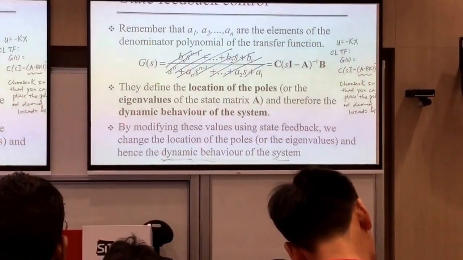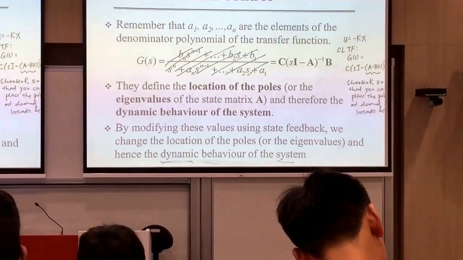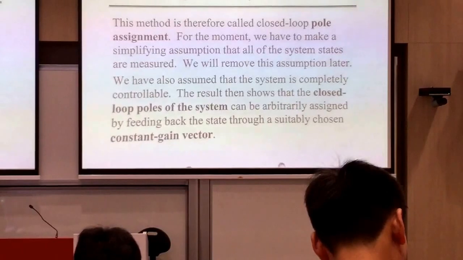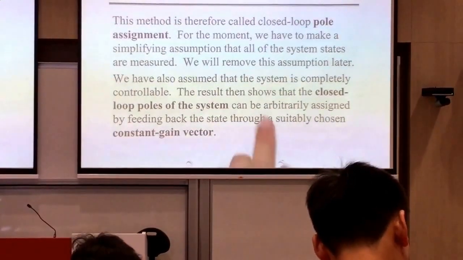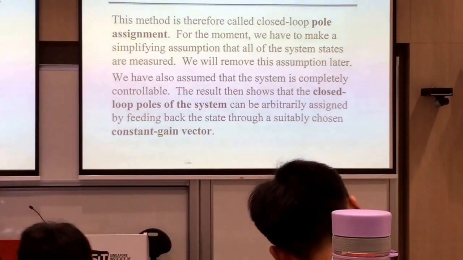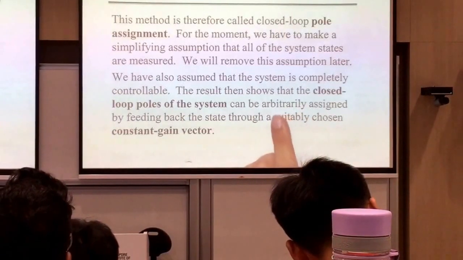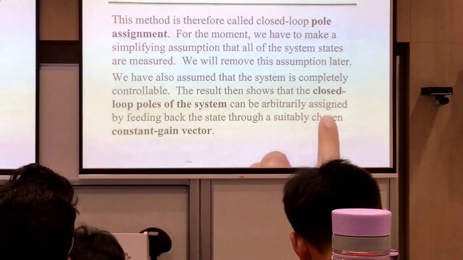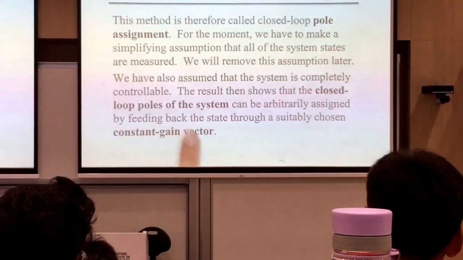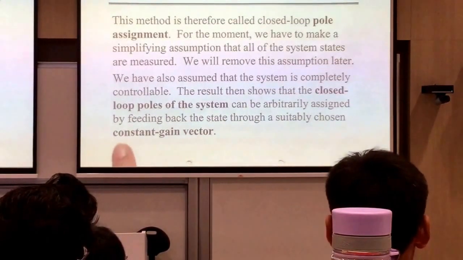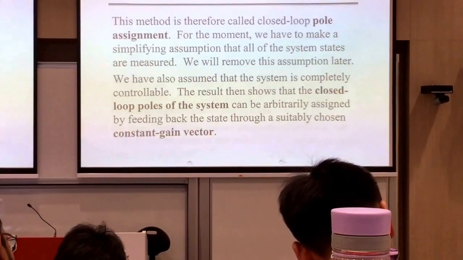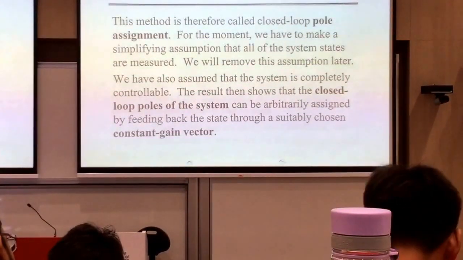Alright, is that all? No. You say this, and then how do you do that? The next part of the solution is that the system has to be completely controllable. And hence we can arbitrarily assign the closed loop poles of the system by feeding back the state through a suitably chosen gain vector K. So you said that you change from the eigenvalues of A into the eigenvalues of A minus BK.